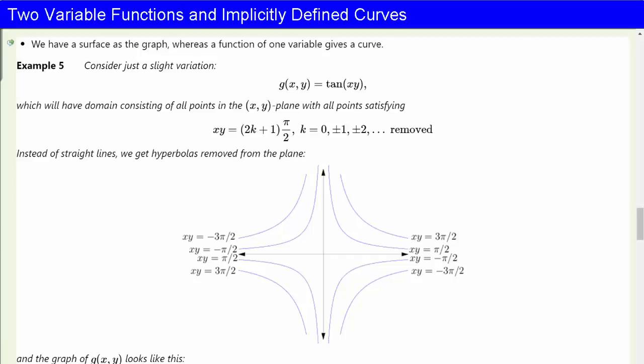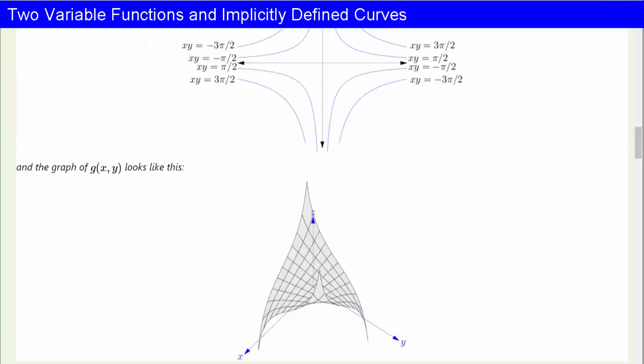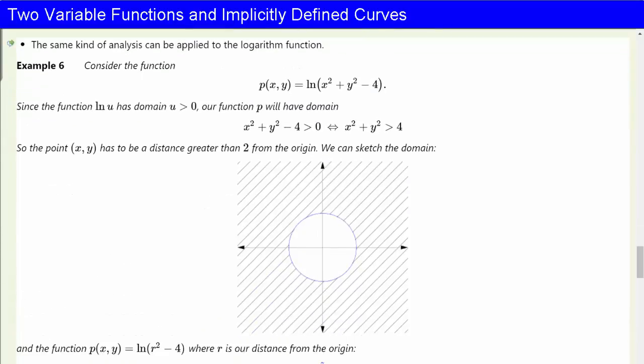Now instead of straight lines, we get hyperbolas removed from the plane, and the graph of g of x, y looks like this. The same kind of analysis can be applied to functions of several variables which involve the logarithm. For example, consider the function p of x, y equal to the natural log of x squared plus y squared minus 4.